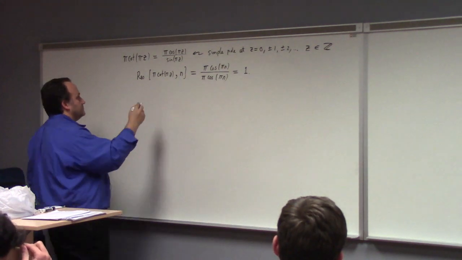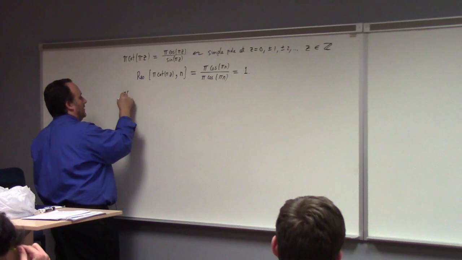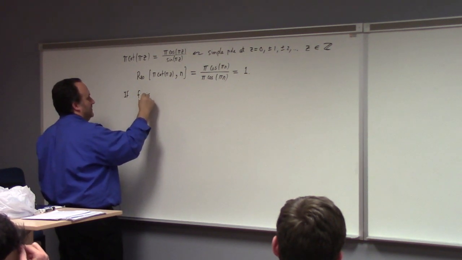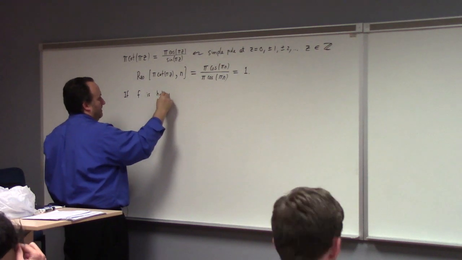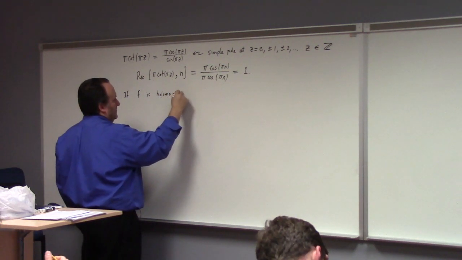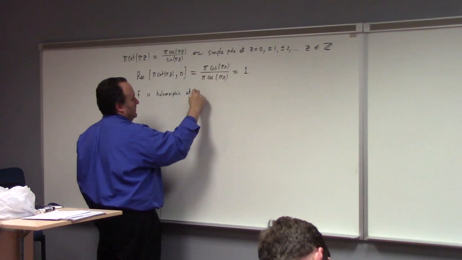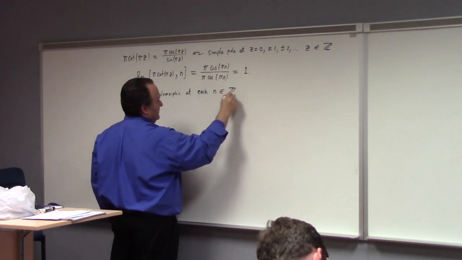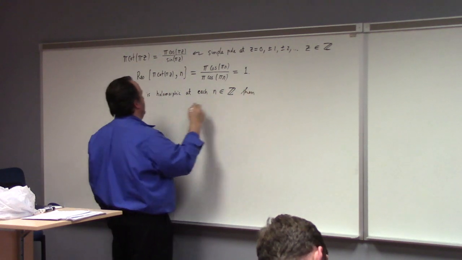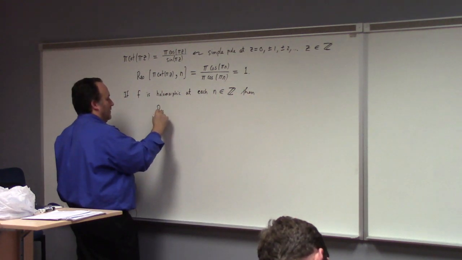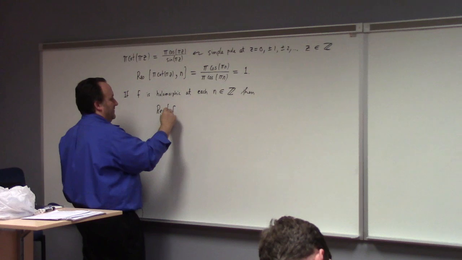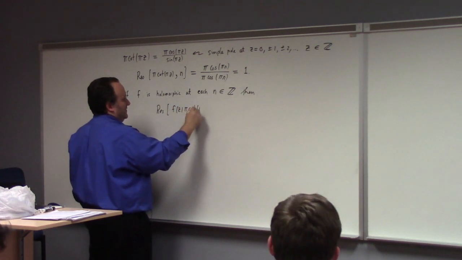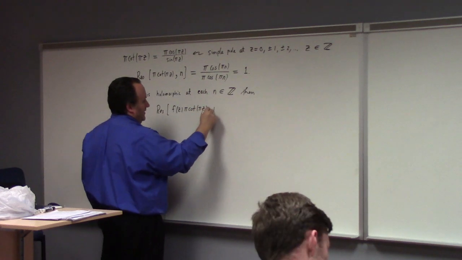Now, if f is holomorphic, or if you like, analytic, at each n in the integers, then what would the residue of f of z times pi cotangent pi z at n be equal to?